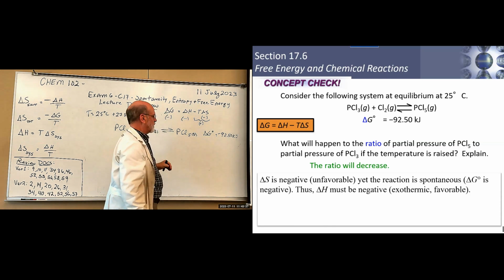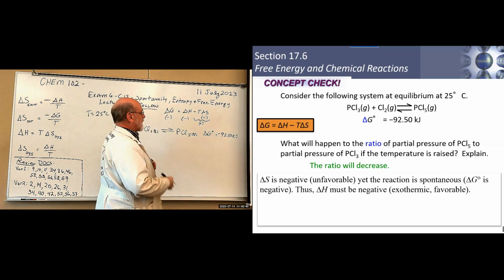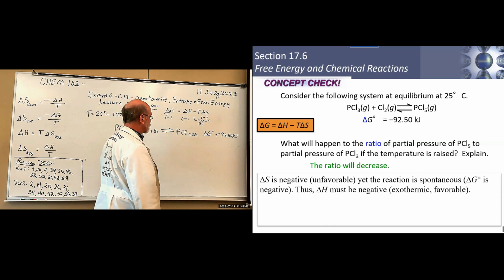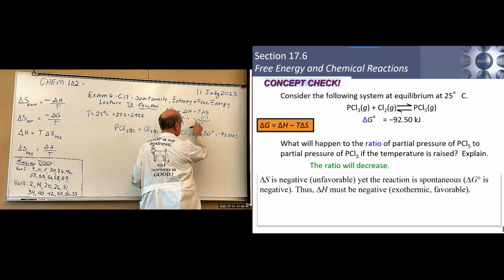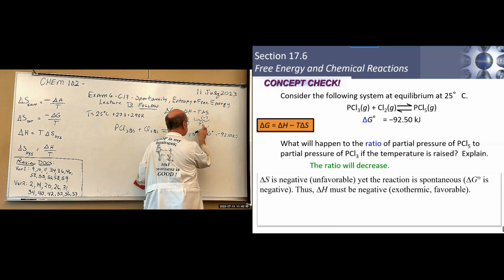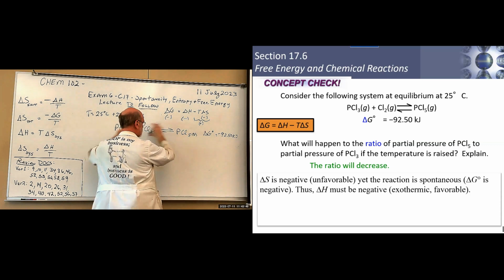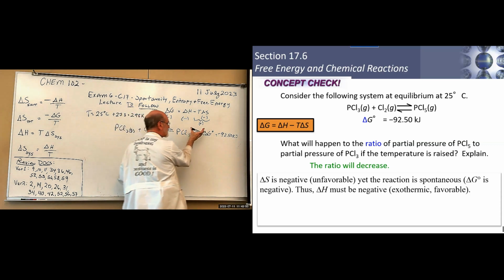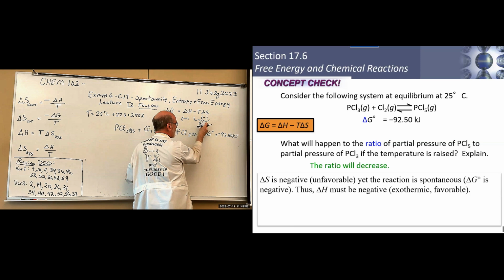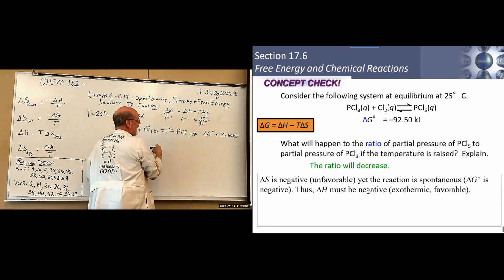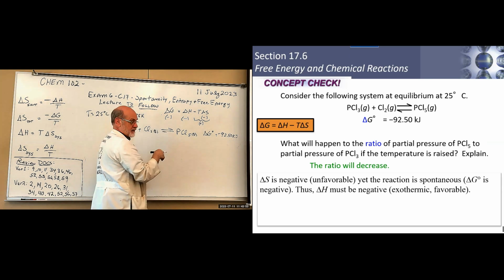It must be exothermic. Okay. So as the temperature is raised, what happens to the balance in this equilibrium? If we increase the temperature, that means this positive gets larger, and the reaction becomes less favorable.